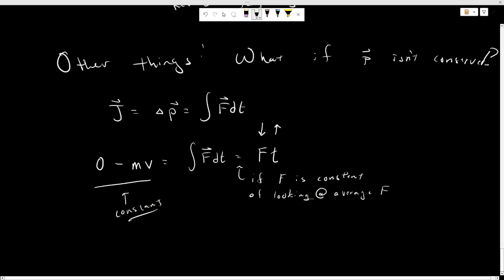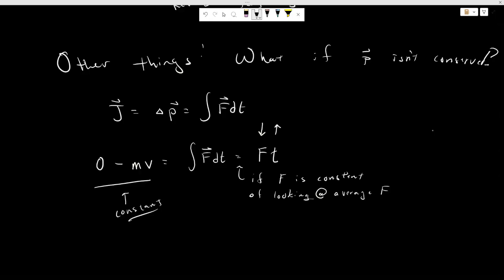So if I have an increased time of collision, the overall force that affects me goes down. And that's good because your skull can only take so much force before your brains end up all over the beautiful dash of your 1969 Dodge Charger, right?